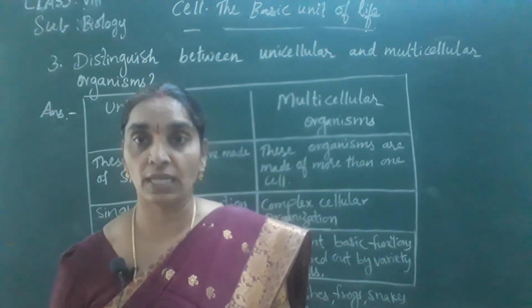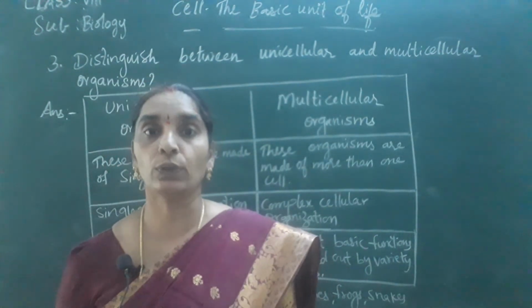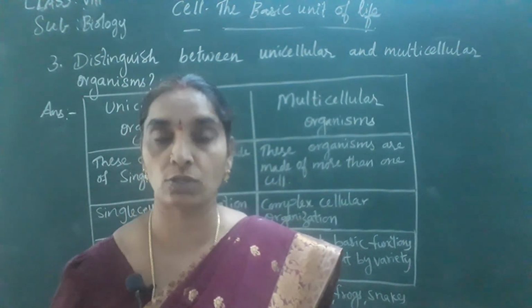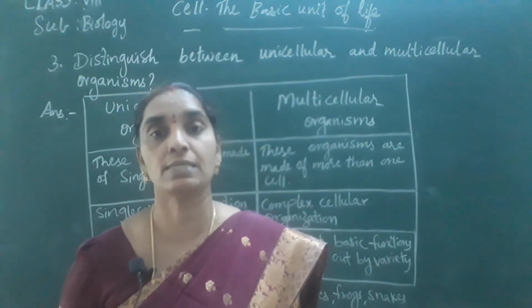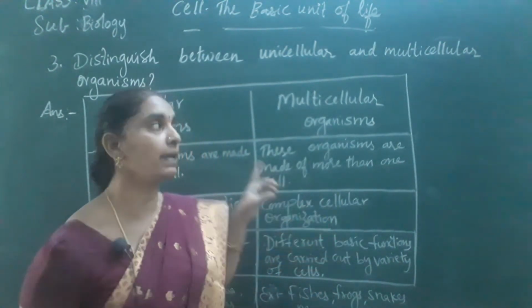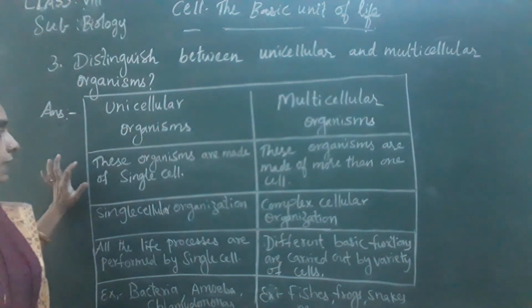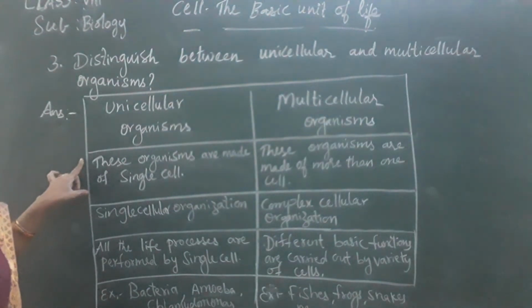All the life processes like taking in food, digestion, respiration, reproduction, growth are performed by different cells in multicellular organisms, and all these life processes are performed by a single cell in unicellular organisms. You can find out the answer again and write neatly in your notebooks, children.